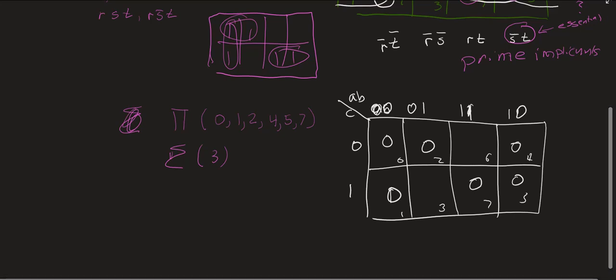All right, so does anybody see? Why don't y'all write this down and try to get the prime implicants yourself? See if you can figure out the prime implicants, and then we'll check and see if we all got the same thing. So that's all of this.